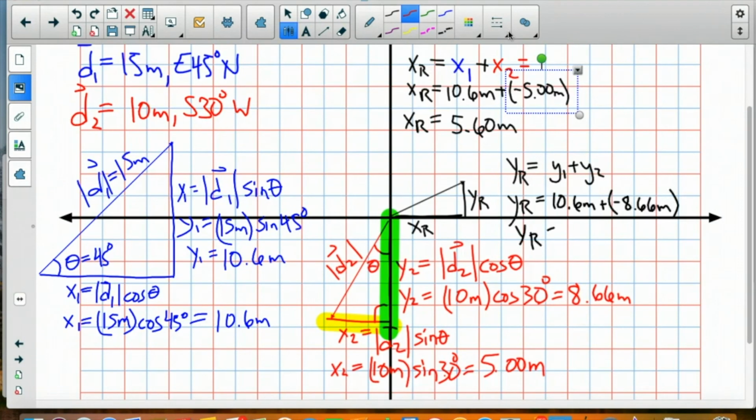So the y for the resultant gives us 1.94 meters.